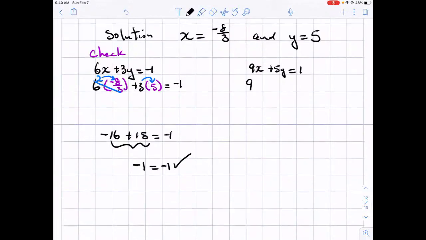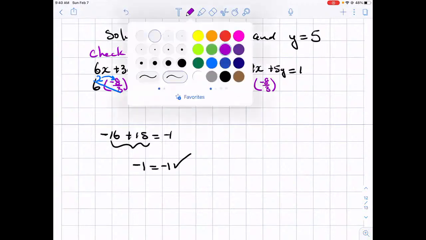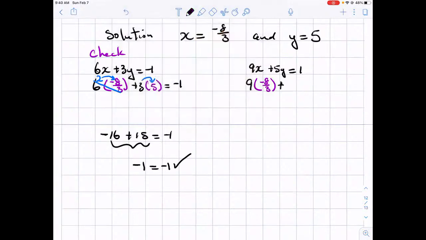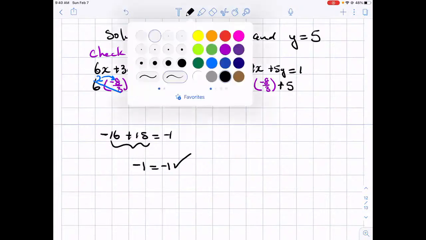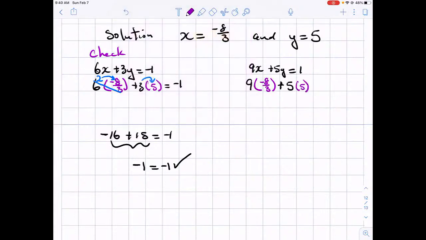So we have 9. Instead of x, we're going to write -8/3 plus 5. Instead of y, I'm going to write 5. And we want to see if when we simplify that, we get 1.